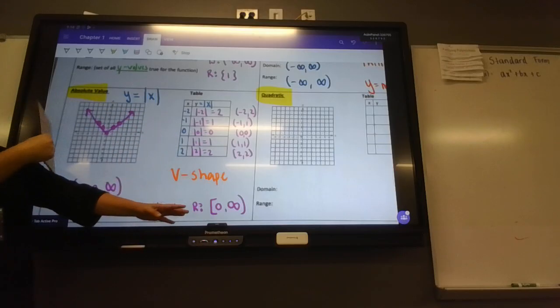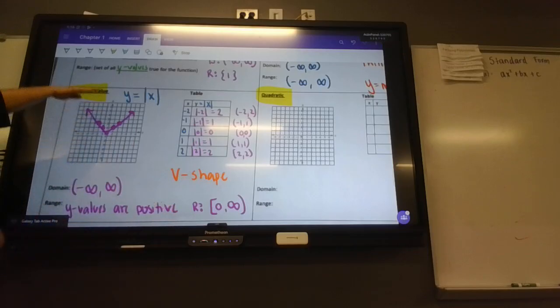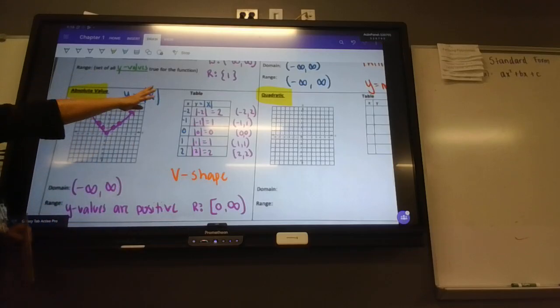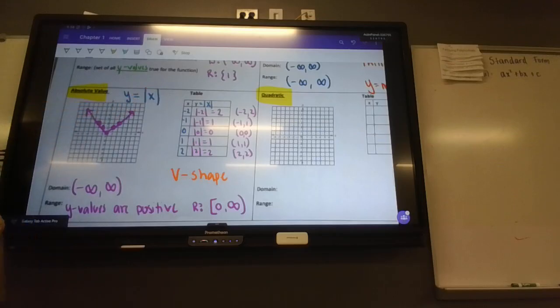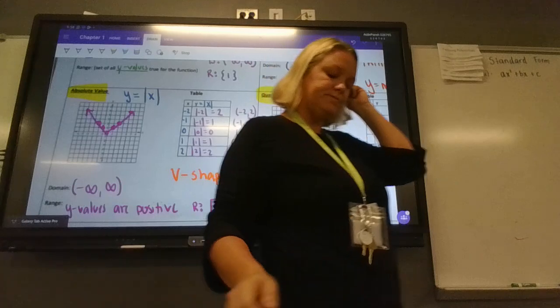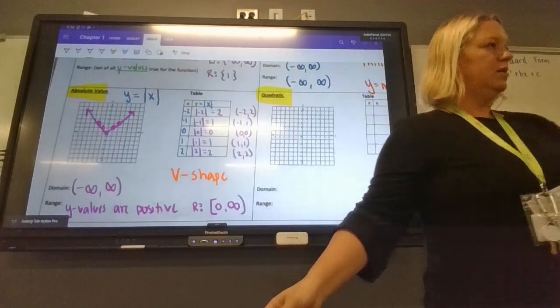It's the most basic. We can move this V shape up and down. We can move it left and right by adding certain numbers in here. We can flip it and reflect it. We can even stretch it out and make it wide or skinny. So it can change quite a bit. This is the parent function, the most basic. In the closet.